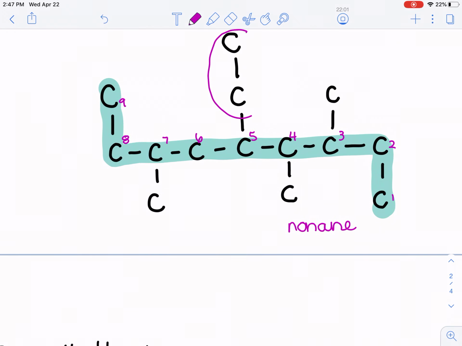The 5th carbon branch is an ethyl. And ethyl in alphabetical order comes before methyl, so 5-ethyl. And then we have 3, 4, 7 trimethylnonane.